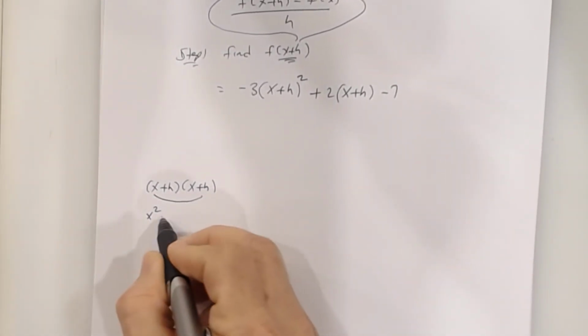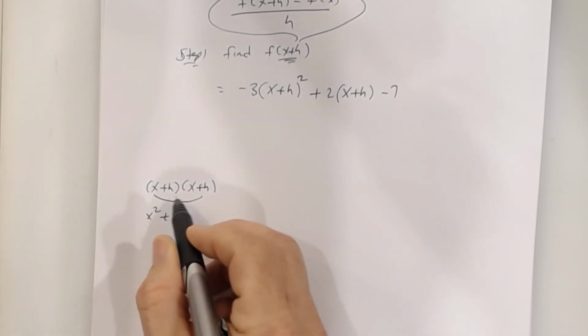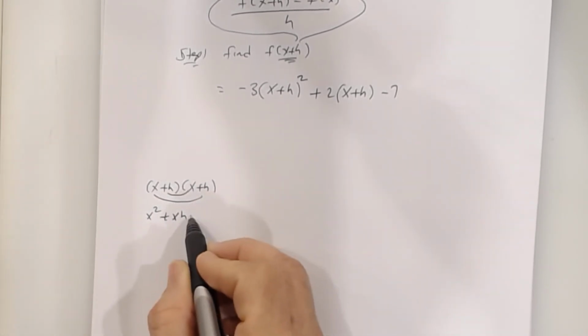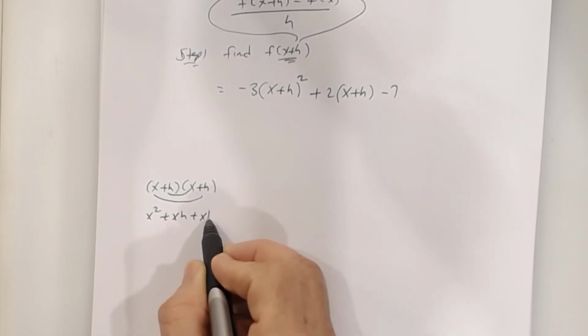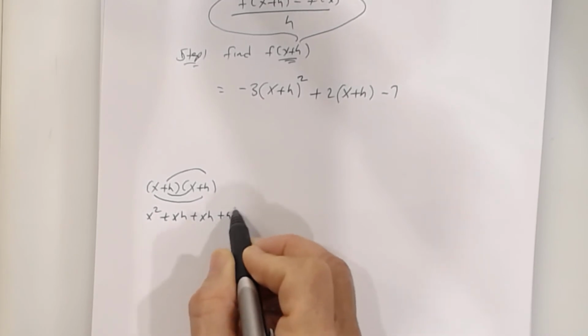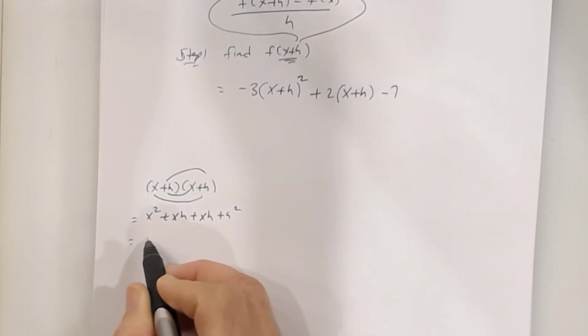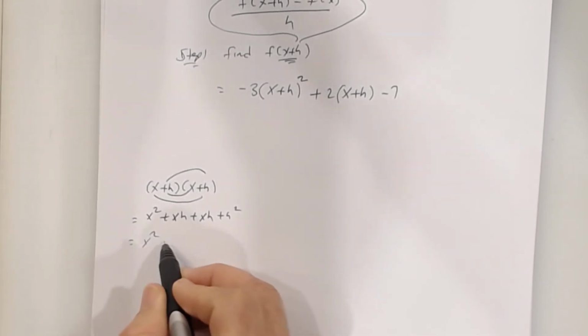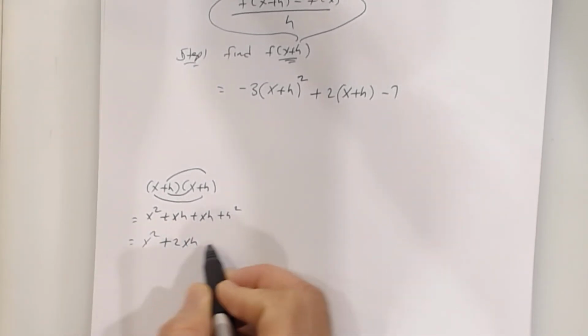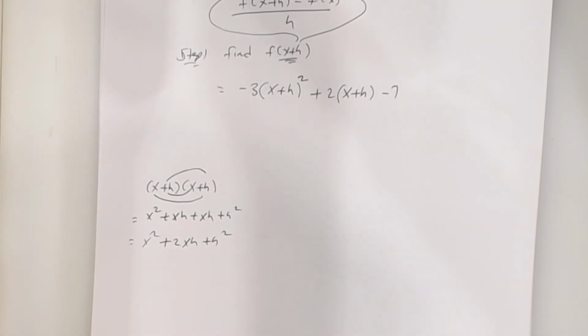What's the outer? xh. What's the inner? Again, xh. What's the last? h squared. When you combine like terms, you get x squared plus 2xh plus h squared, right?